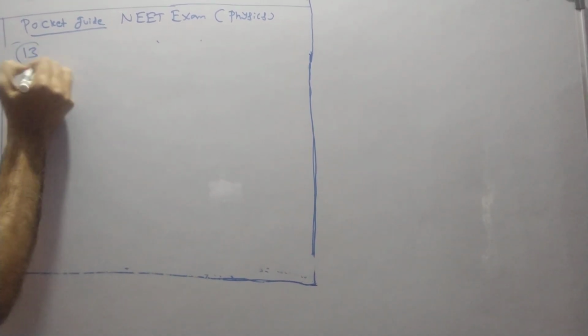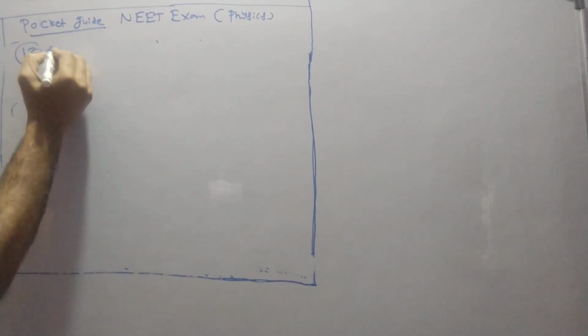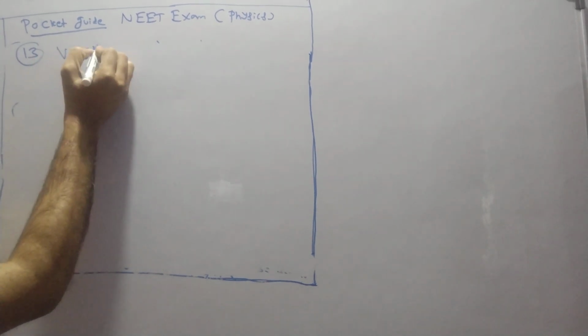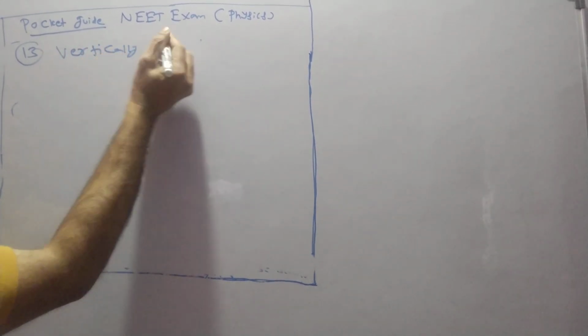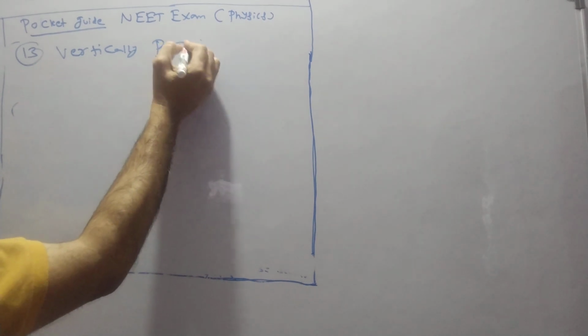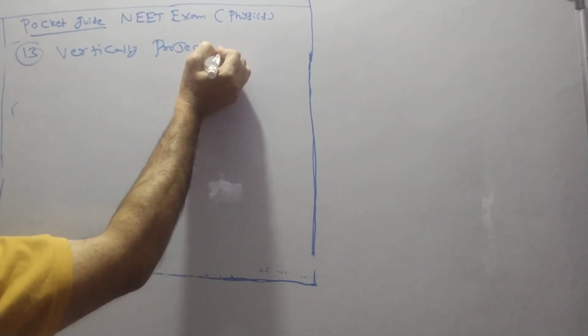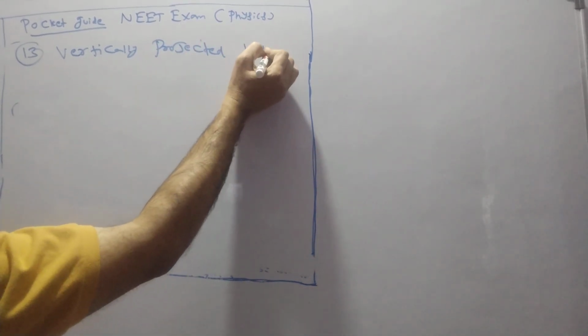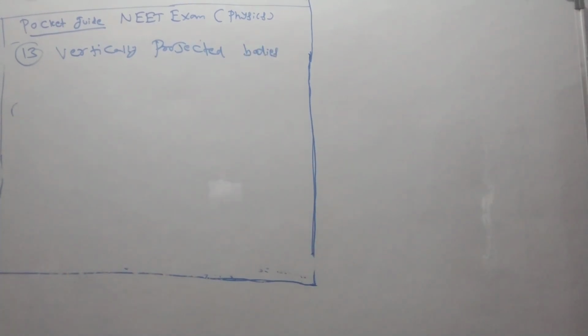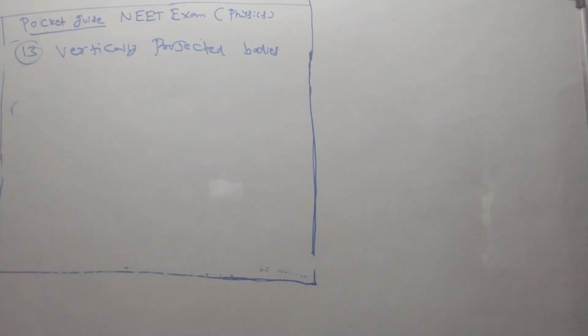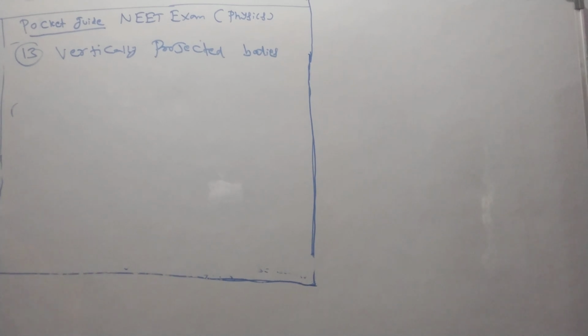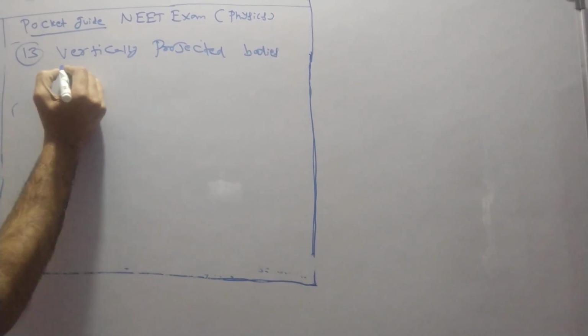Next, 13th one, vertically projected bodies. For this one, the equations are t equal to u by g.